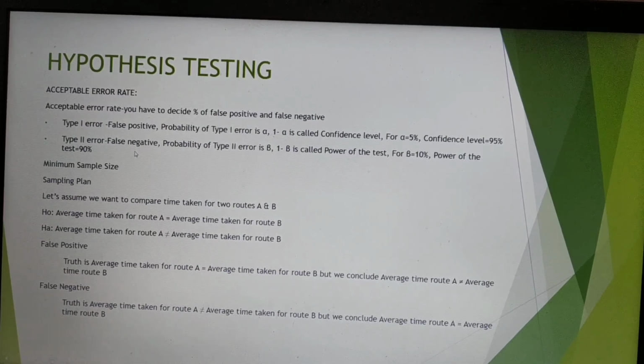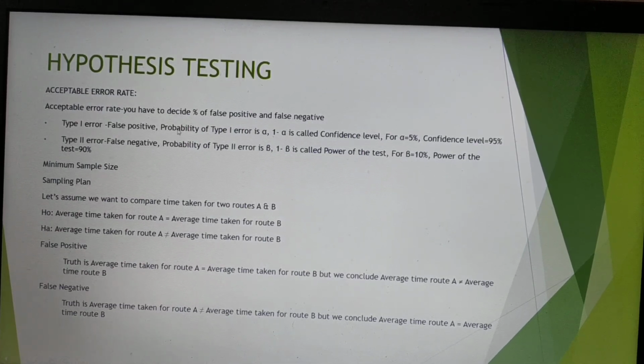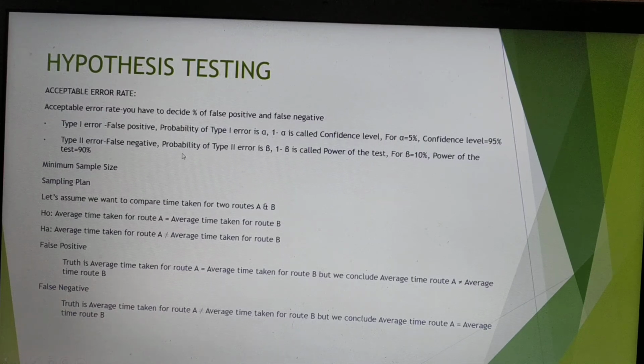Type 1 error is false positive and type 2 error is false negative. The probability of type 1 error is alpha and probability of type 2 error is beta. 1 minus alpha is called confidence level and 1 minus beta is called power of the test.